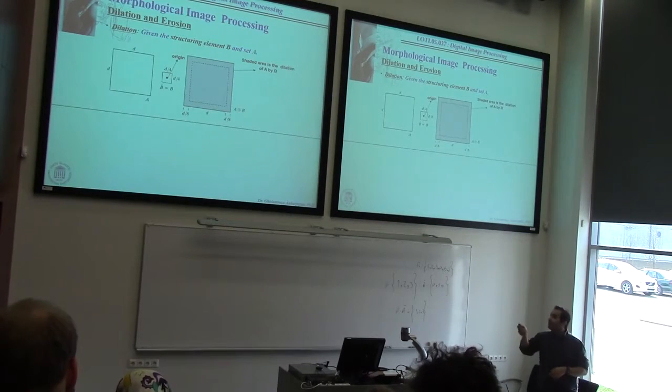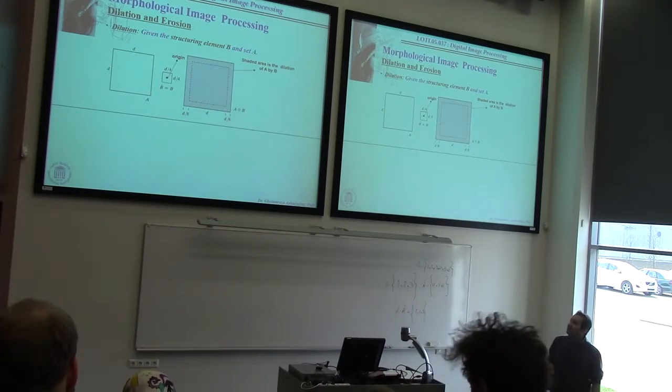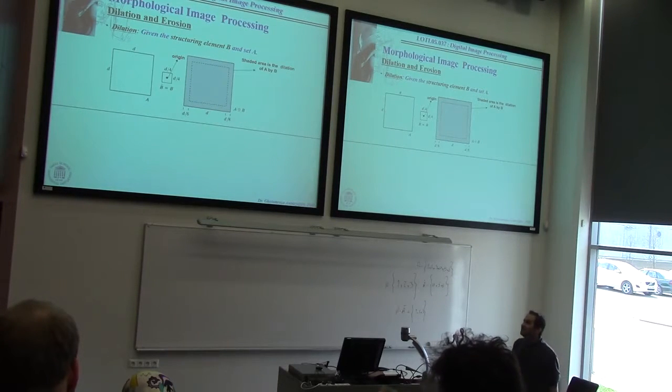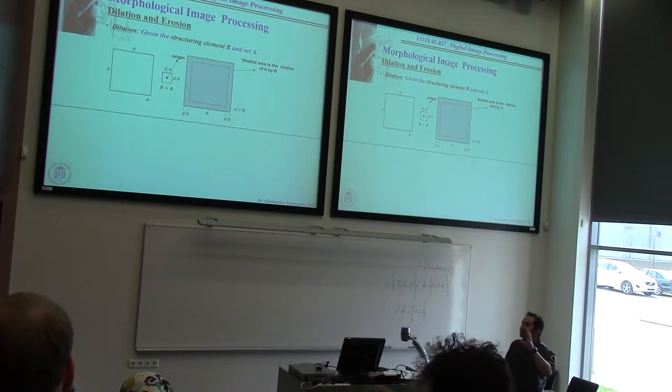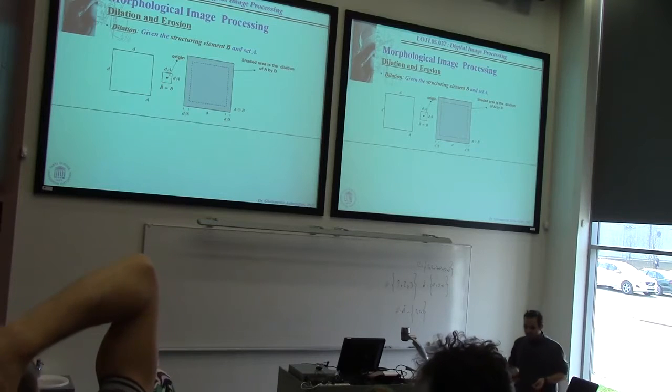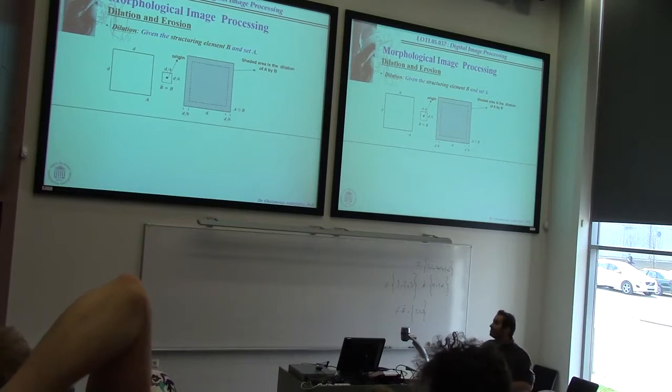For example, for dilation, we have this set as a set of A. We can call it the image. Later, we will see that we use this operation on the image. The size of this set is D by D, and we have the set of B, or we can call it B hat. It's a reflection of B, but in the square we don't have any reflection. If we rotate this, we can get the same set.